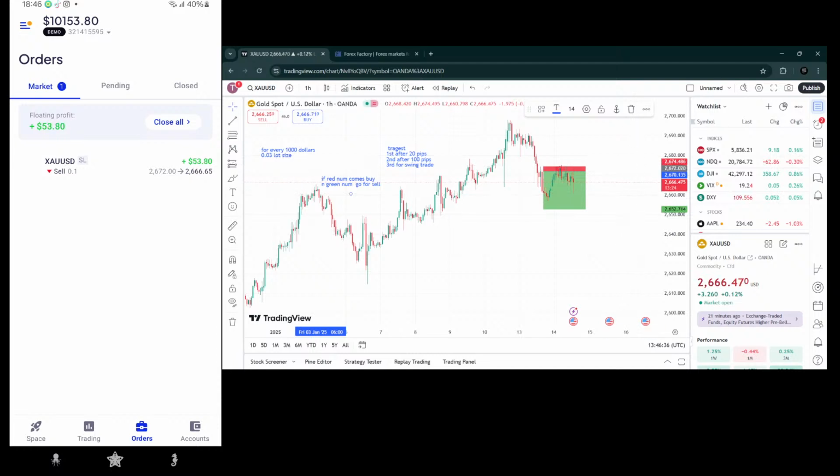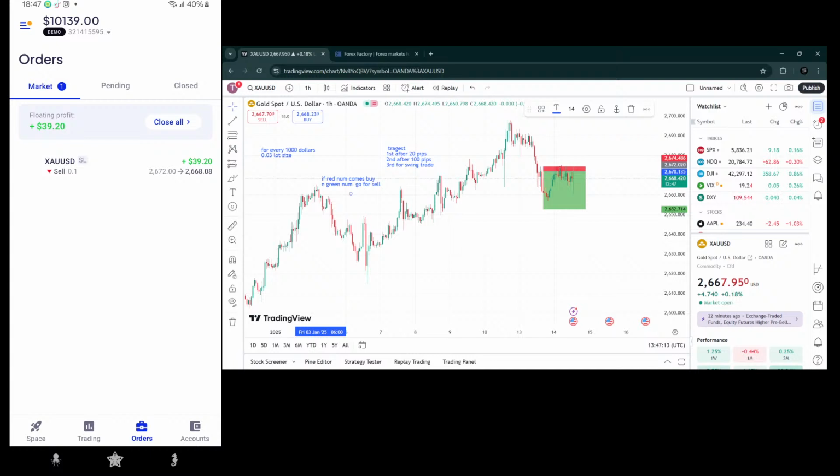And now the market is right back up to 2666, because now everybody sees the red candle and everybody is going for sell. And right now the market is going back up. They want to make you think that you have made a wrong decision, that's why they don't go fully in one direction.